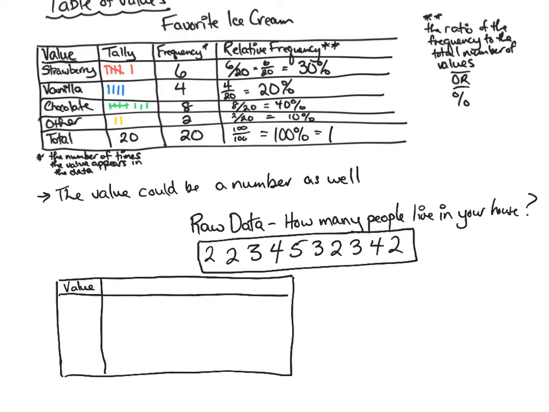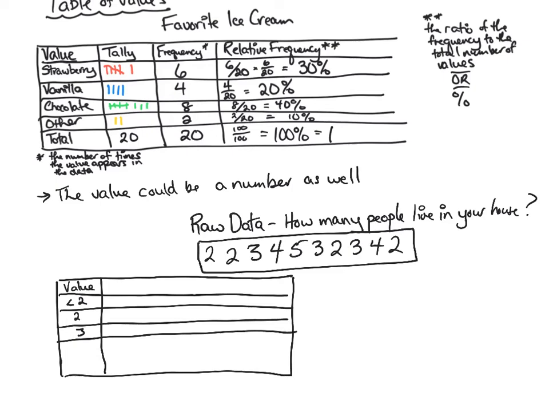So I could have a category that's less than 2, and then I could have 2, 3, 4, 5, greater than 5, and then of course at the bottom I have my total.